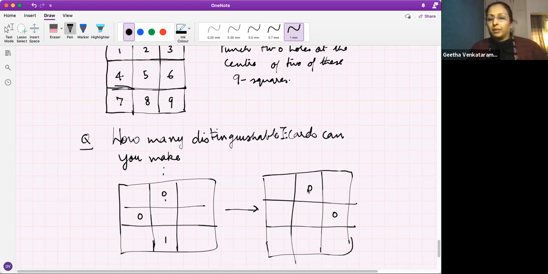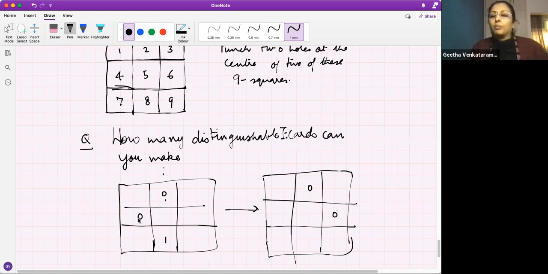And here the punching of the hole is in position 2 and 6. So if I give this, both persons' identity cards will look the same, really. The person who's checking or the machine which is checking is not going to be able to distinguish this card from this card because the numbers 1 to 9 are not printed. It's just these holes. Okay.